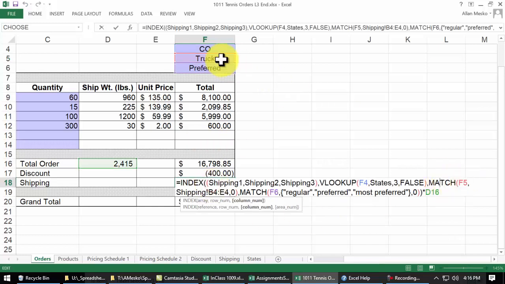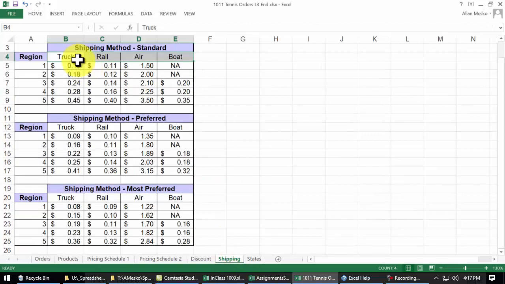We're going to match F5, which is right here, and we're going to say, go to, actually we could have picked any one of those sections. This is the shipping worksheet B4 to E4. In other words, if you look up truck, rail, air, or boat, and you're matching it, it's going to tell you, is it the first thing, the second thing, the third thing, or the fourth thing?